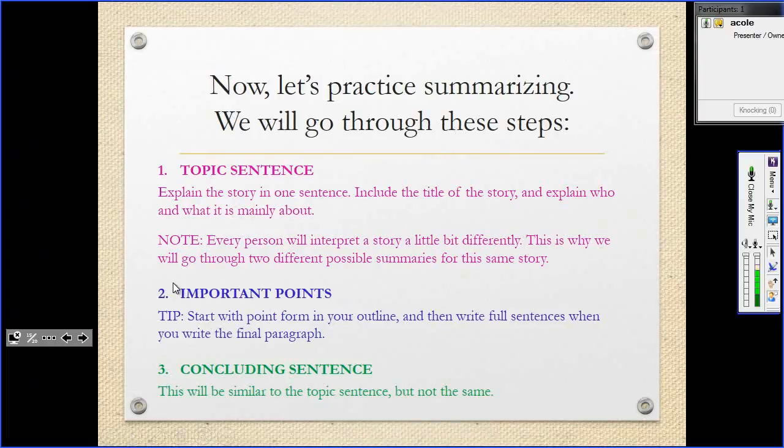Now, here's a note. Every person, so anyone who reads any story, will interpret that story a little bit differently. This is why I'm going to share two different possible summaries for this same story, because there's no one way to summarize it, right? We could interpret the story differently, meaning that we could explain it a little bit differently depending on what we know.